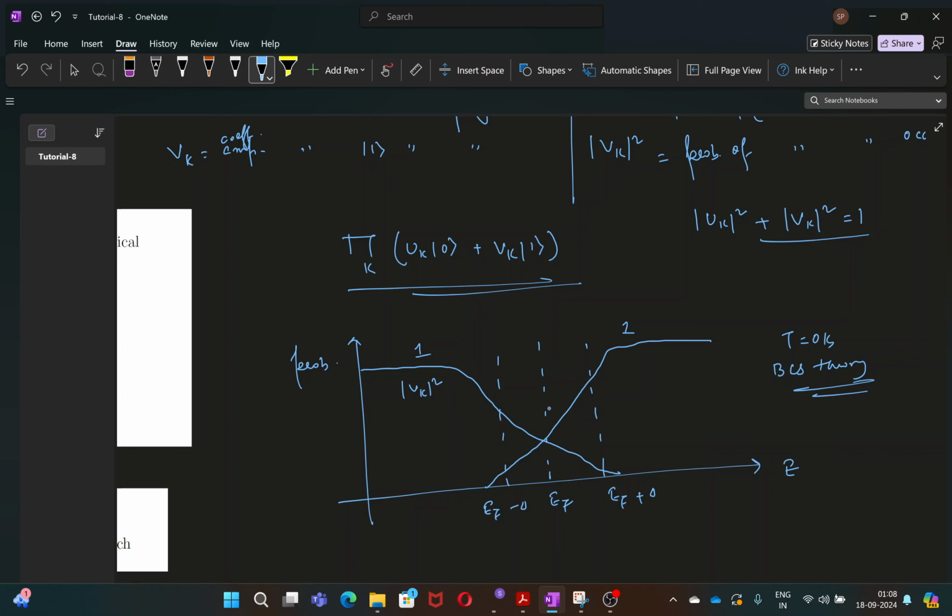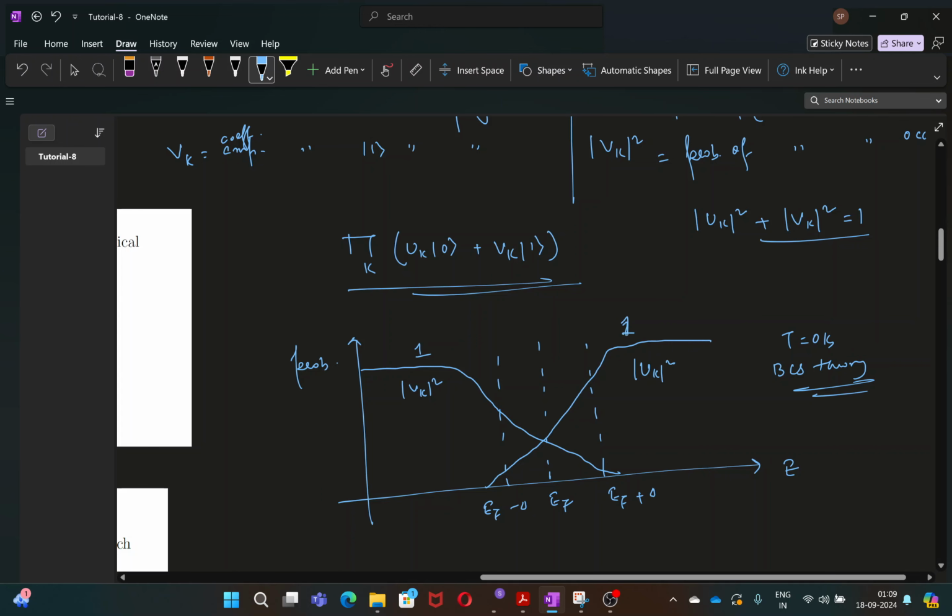But this uk whole mod square is the state k minus k being empty, so the probability of that will be 0 up to this point, and then slowly picks up, and then finally much beyond EF or much beyond the Fermi level, this probability uk whole mod square again becomes 1.